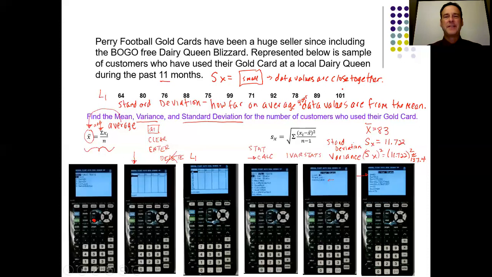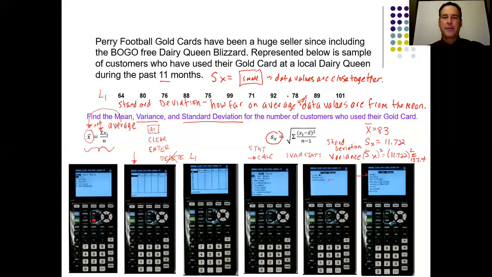We want consistency within our data. So if they're close together, then when you do this procedure, you'll find that it actually gives you something very, very small, and that's good. When your data values are far apart, that means you're going to get a very large standard deviation, right? And sometimes that happens.